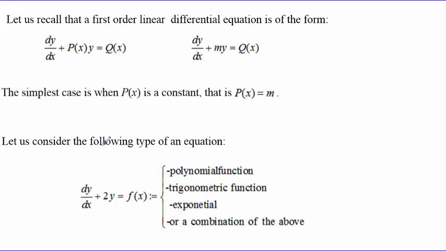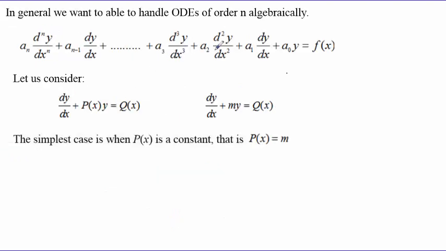In general, we want to be able to solve equations of this form of order n, starting from the method of solving a first order linear equation, which we can write in this form where our p of x is a constant function m. So m here is a constant.